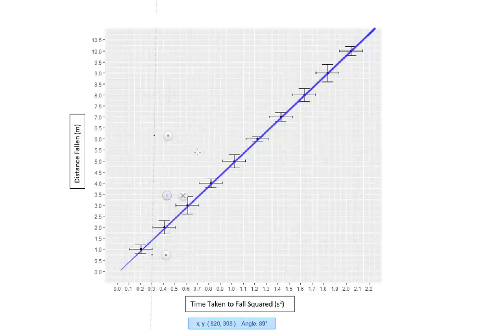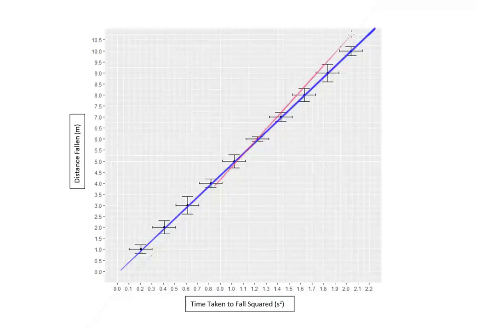So instead, what I can do is if I instead just try to draw a line such that it will still go through all the error bars, I think the absolute steepest I can do is something like this. Now I'm just going to change color here for my maximum gradient line. So I'm going to claim this is about the maximum possible gradient that you can draw for this data set.